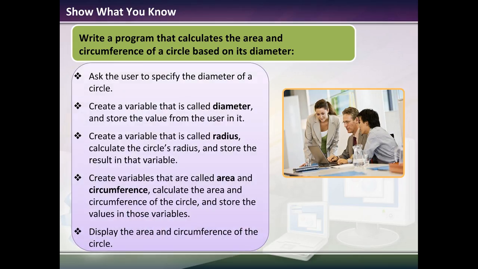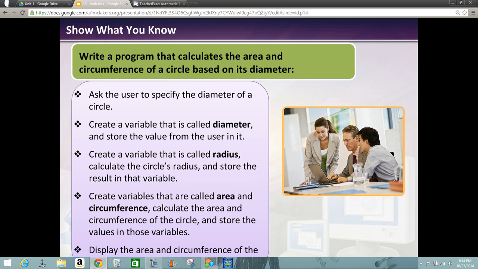And one way we could achieve this is to ask the user to specify the diameter of a circle, create a variable that's called diameter, store the value there, create a variable that's called radius, where the radius is the diameter divided by 2, create variables called area and circumference, and then plug in the appropriate formulas and let the computer program solve for that. And then you can print to the screen by using the text window dot write line command to display the area and circumference of the circle.